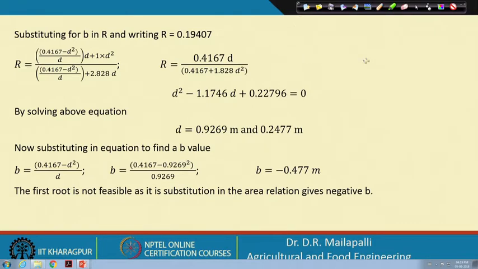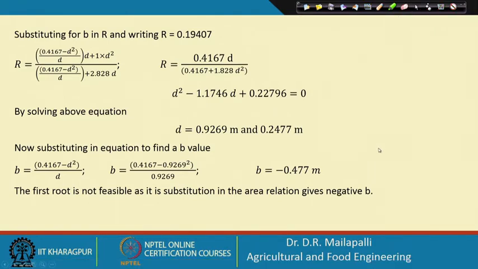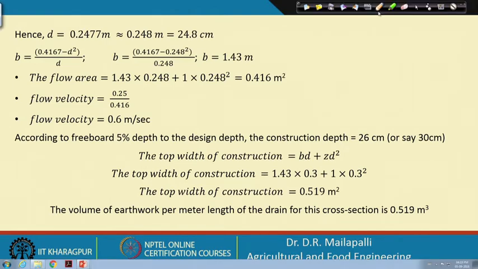So, substituting D equal to 0.2477, you get the B value of 1.43 meter. So, 24.8 centimeter is the depth and the breadth is 1.43 meter.